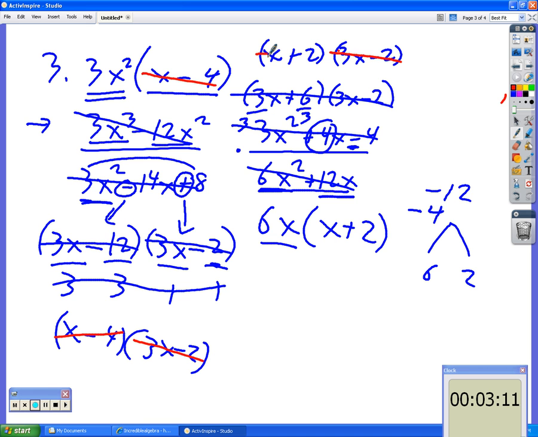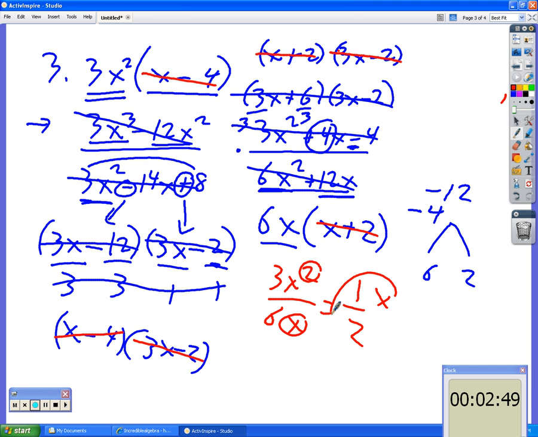I've got an x plus 2 on top and x plus 2 on the bottom. They cancel. That leaves me with 3x squared on top, 6x on the bottom. 3 over 6 is 1/2. The x on the bottom cancels with one of the ones on top, leaving me 1x on top. My answer is 1/2 x, or x over 2.